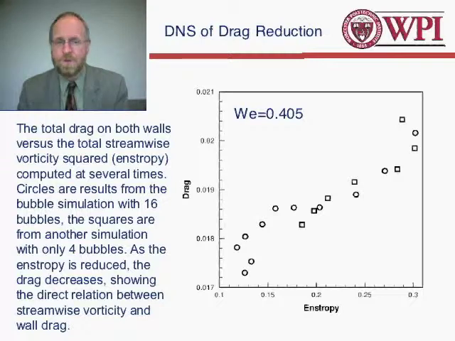And there's almost a straight line: as the streamwise vorticity goes down, so does the wall shear. In addition to the 16 bubble simulation, which I've been showing you, we have also plotted a few data points from a simulation with only 4 bubbles, and indeed we find that as the vorticity is reduced, the same relationship holds.